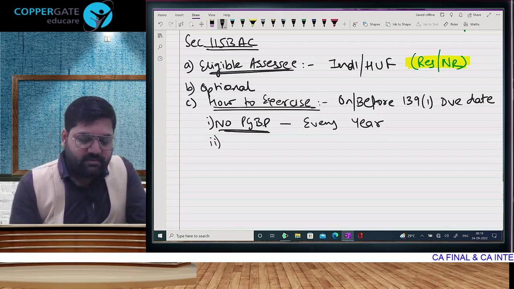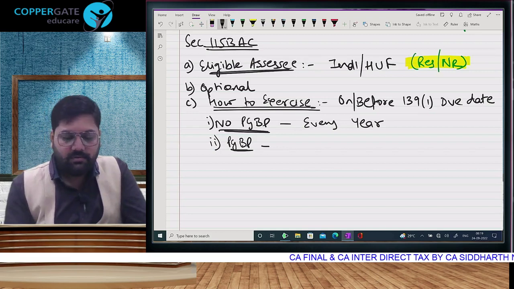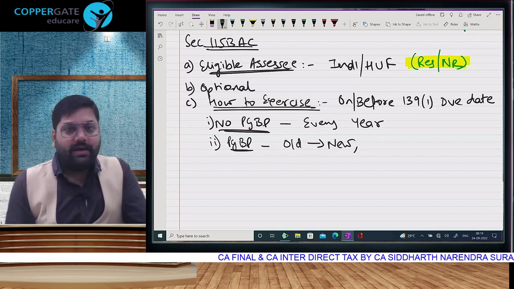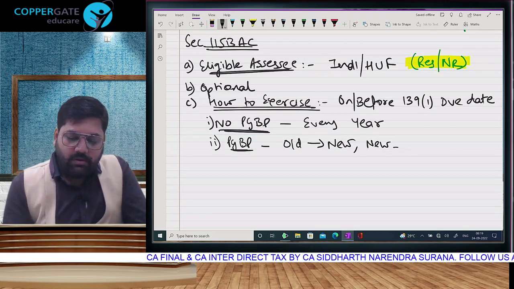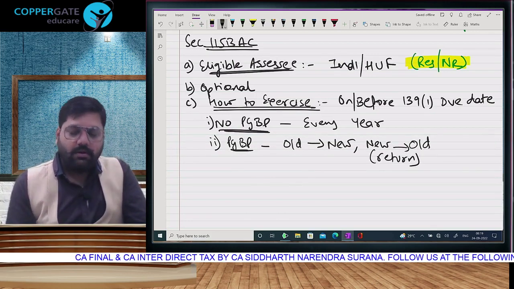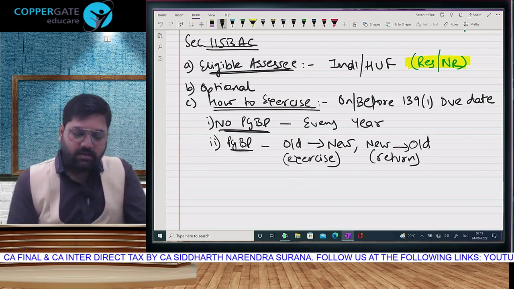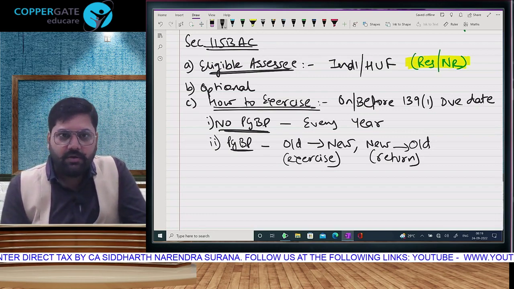And if the person has PGBP, then old to new, allowed. New to old, allowed. This is called exercising my option. And then coming back is called returning to the old regime, allowed.